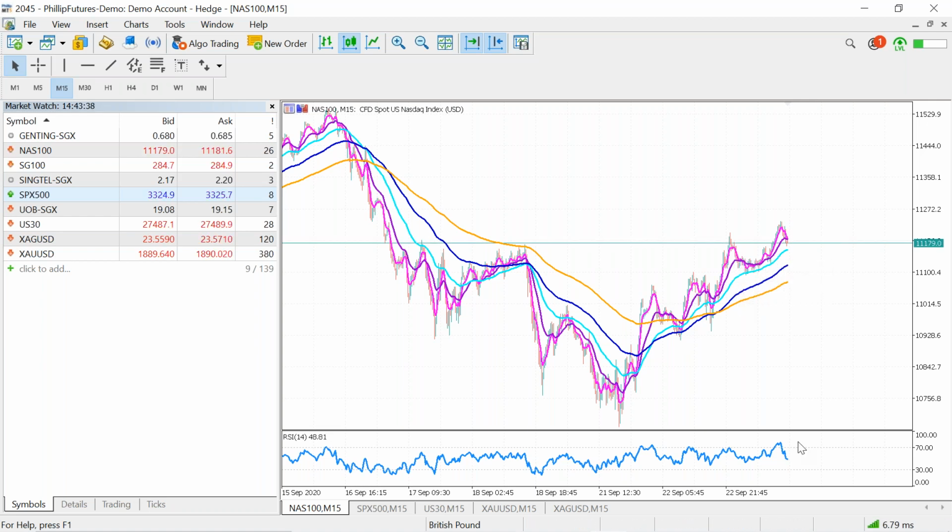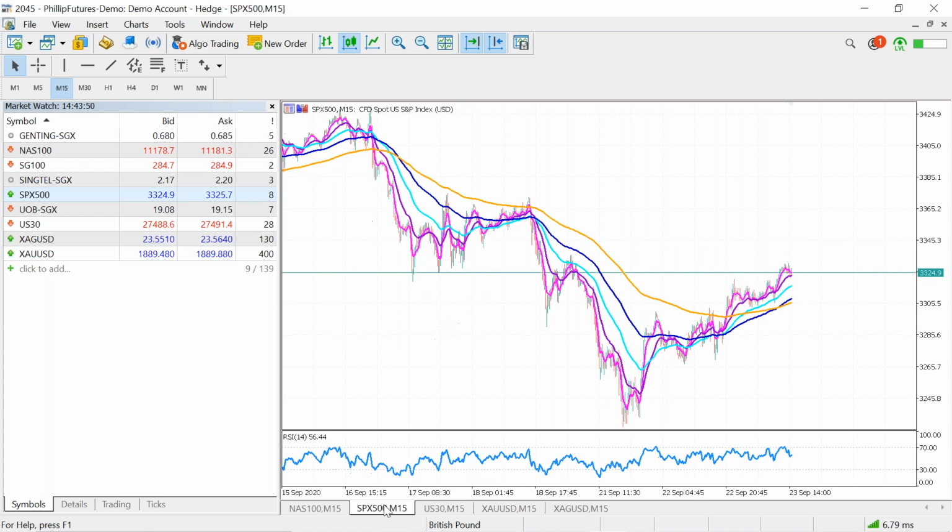As well as the RSI, you can see it's actually closer to 30. So there's a high chance that when it comes down to 30, this RSI is already oversold. Compare this to the S&P, I would say this is medium bullish. If you compare to Nasdaq, Nasdaq is bullish. Among these three, this one will be the second.